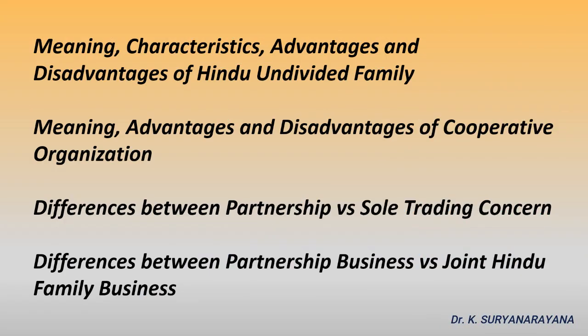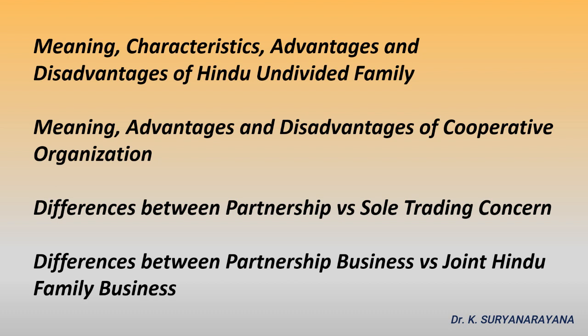Now, let us discuss about Hindu undivided family and its features. Joint Hindu family or Hindu undivided family is a form of organization which is owned and carried out by the family members. The elder member of the family is known as a Karta or manager, who will be the head of the family and business.